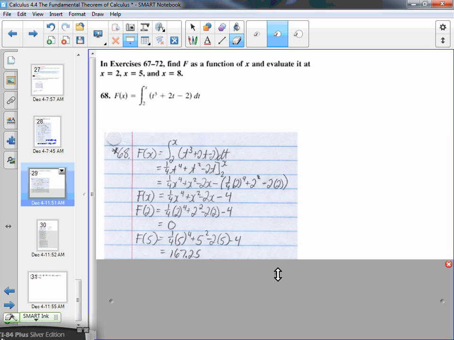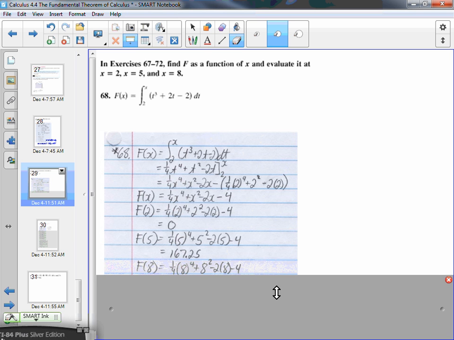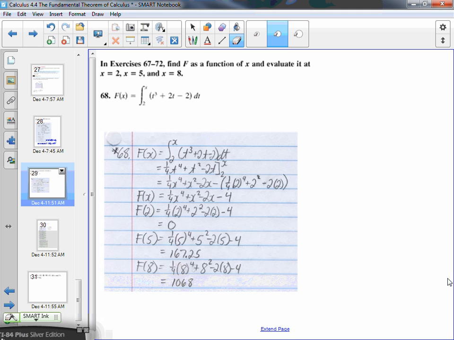That's what I got. And what do you get for capital F of 8? $1,068. That's what I got.